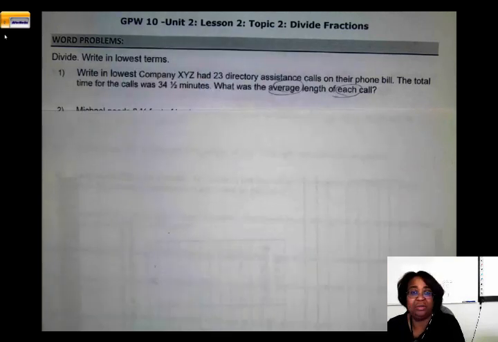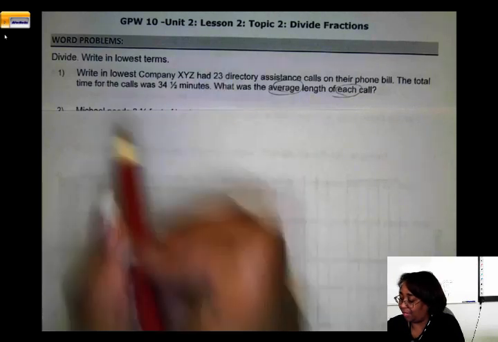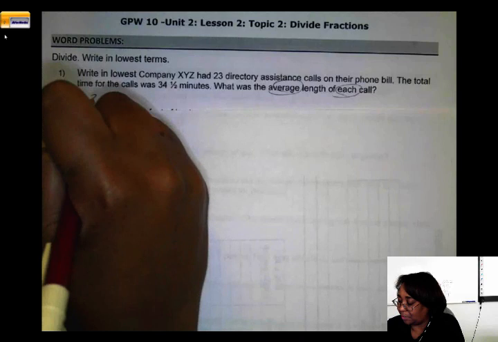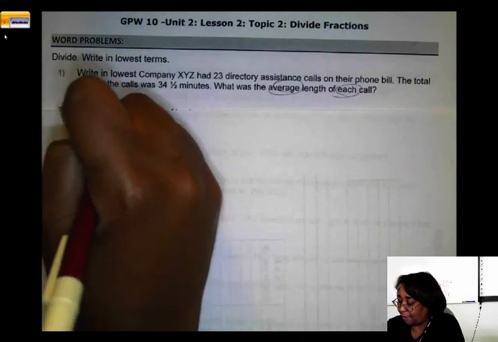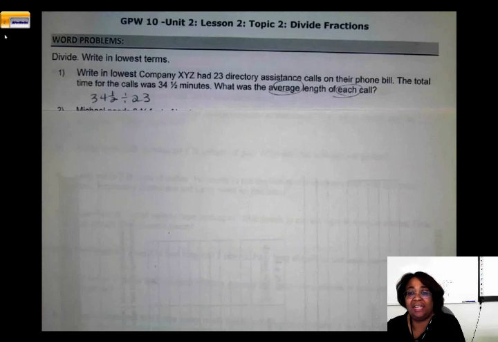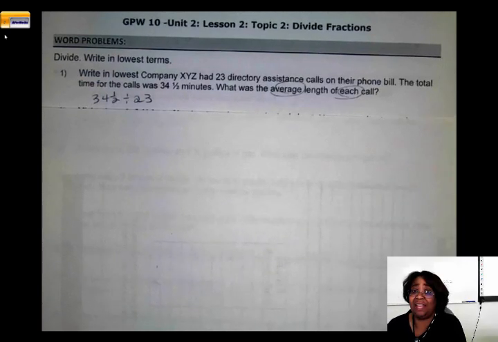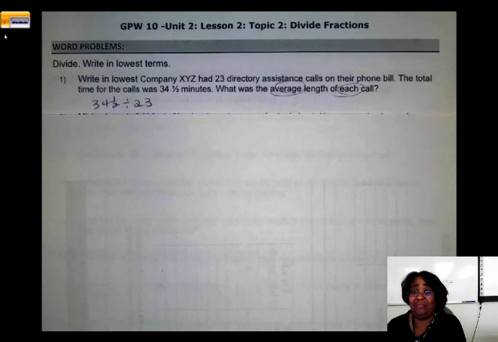Nope, not 23. 23 is the number of calls. Length is 34 and a half minutes. So you need to set this up as 34 and a half divided by 23, because you're going to be dividing it by the number of calls. So if you don't set these up right, you're going to get really freaky answers.